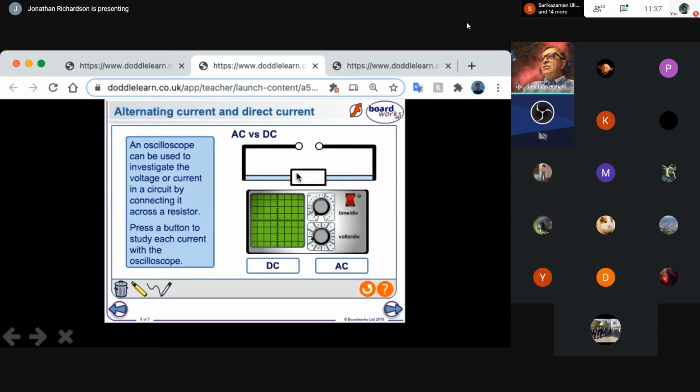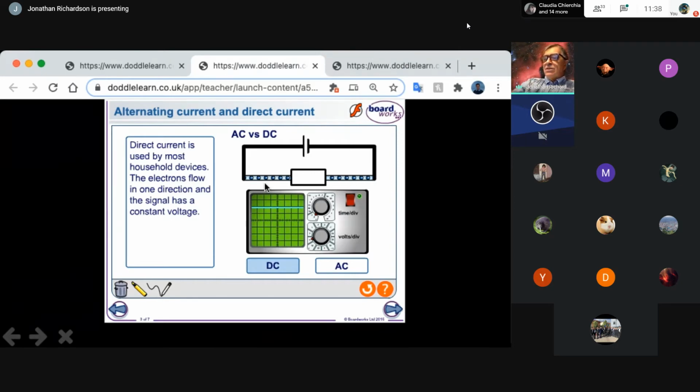You probably saw these devices last year. So now direct current flows in this circuit, as you can see around here. This component is called the resistor.